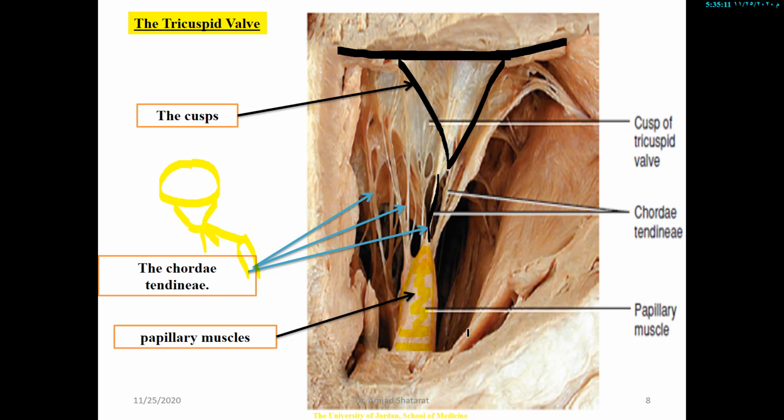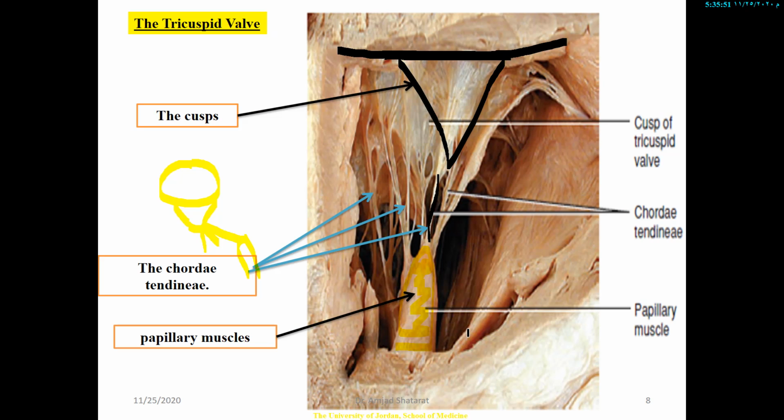In fact, they're making the valve, and any damage to any one of them would affect the work of this given valve, which is the maintenance of unidirectional blood flow. If the valve gets any problem with any of its components, of course, the patient would develop problems associated with the backflow of the blood from one chamber to another chamber.